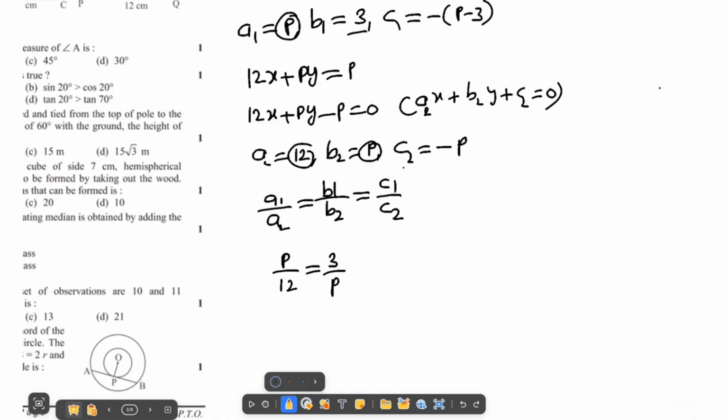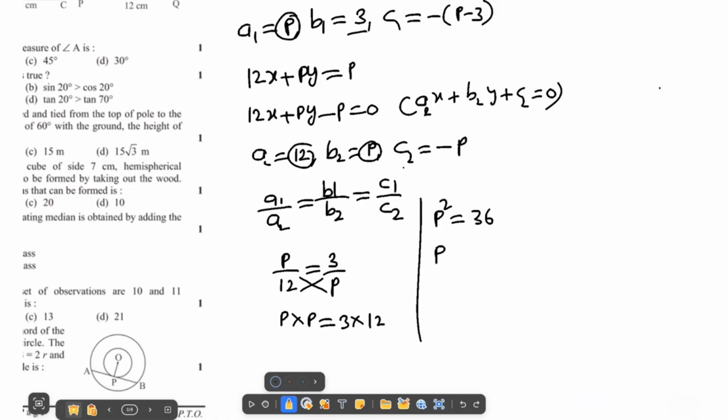So I think this is enough for finding the p value. Now let's bring this p to the left side and send 12 to the right side. Now p into p is equal to 3 into 12. p into p is p square, which is equal to 36.